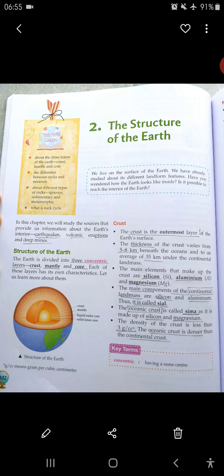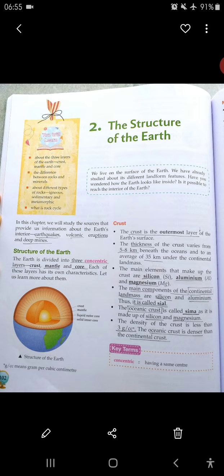Most of the earth is covered with water, and then land. So the thickness of the crust depends on the place where it is: 5 to 8 kilometers beneath the oceans, and 35 kilometers under the continental landmass.